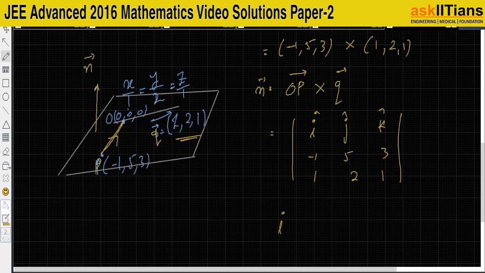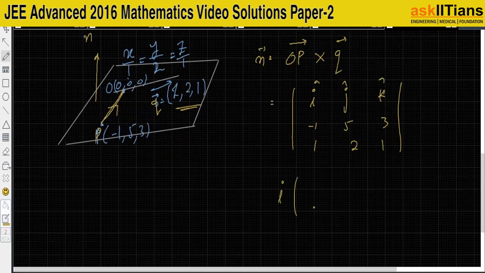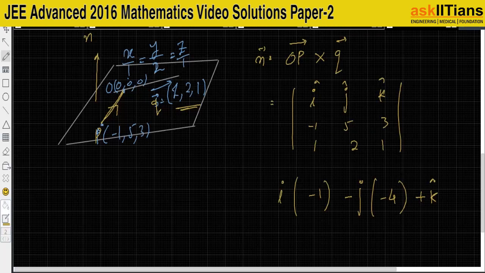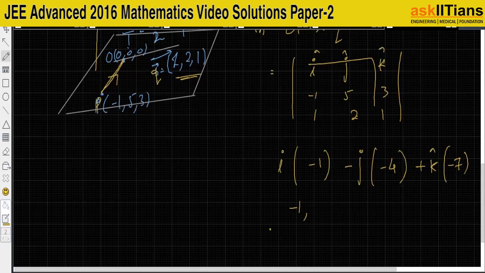If I simplify this, I'll get 5 minus 6, so this is minus 1, minus j times minus 1 and minus 3, so minus 4, plus k times this, and this gone, so minus 2 minus 5, so minus 7. So the normal vector is minus 1, 4, minus 7. Minus 1, 4, minus 7 is the n vector.